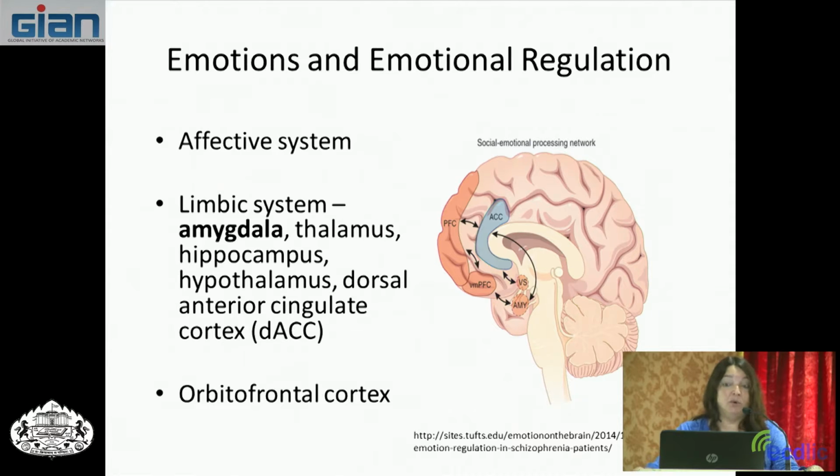We talked about emotion and emotional regulation. The affective center of the brain, which is part of the limbic system, amygdala, thalamus, hippocampus, and how the orbital frontal cortex, which is more of the bottom of the brain here, is also part of this center, also referred to as the ventral medial prefrontal cortex, which is why it says VMPFC.